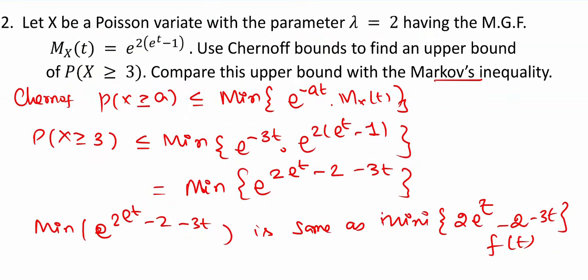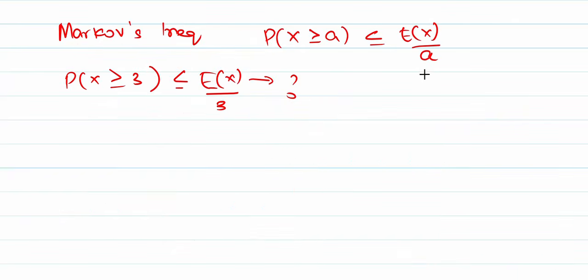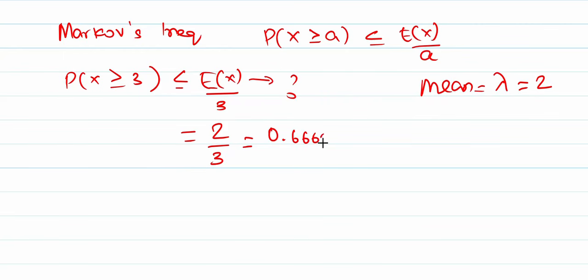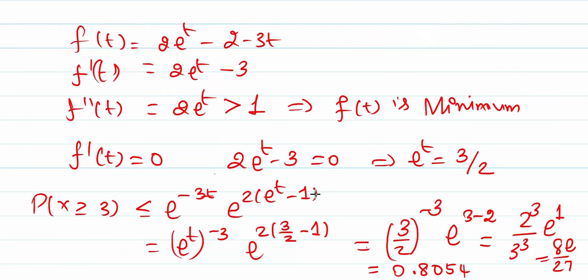What is the distribution we are dealing with? We are dealing with Poisson distribution with parameter lambda equal to 2. When the parameter is 2, then the mean of the Poisson variate is the same as the parameter, so this is the same as our 2. So this will be equal to 2 divided by 3, and so this leads us to the answer 0.666666.